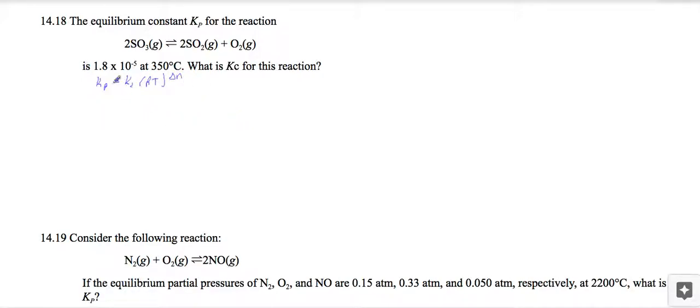Now if we wanted to rewrite this, we could say Kc is equal to Kp, RT, negative change in number of moles. So we do the exact same thing. We plug in our values. The change in number of moles for this one is going to be -1 again. We have +1 here, so our Kc is equal to 3.5 times 10 to the -7th.